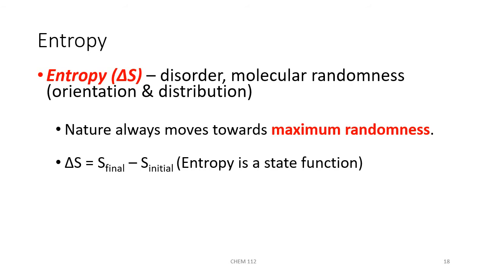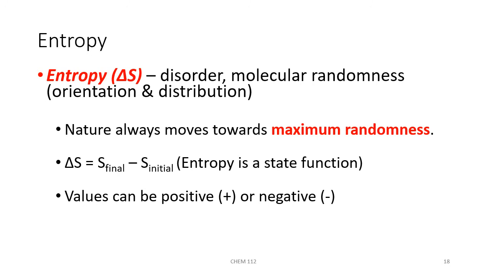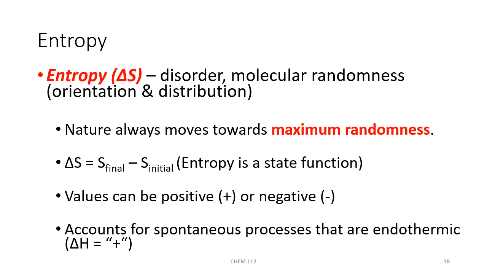Entropy is a state function, so we can only know the final state and the initial state to calculate the change in the entropy. Values for delta S can be positive or negative. The entropy change accounts for spontaneous processes that are also endothermic or have a positive delta H.